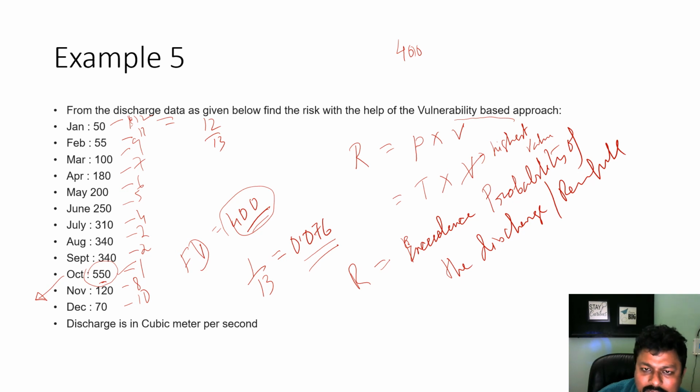Now, as I said, in the formula of finding risk, it is better to calculate the return period than to calculate the probability. But here there is no requirement of multiplying the probability with the vulnerability. So you can straight away take the probability of this and then find the return period of this probability.